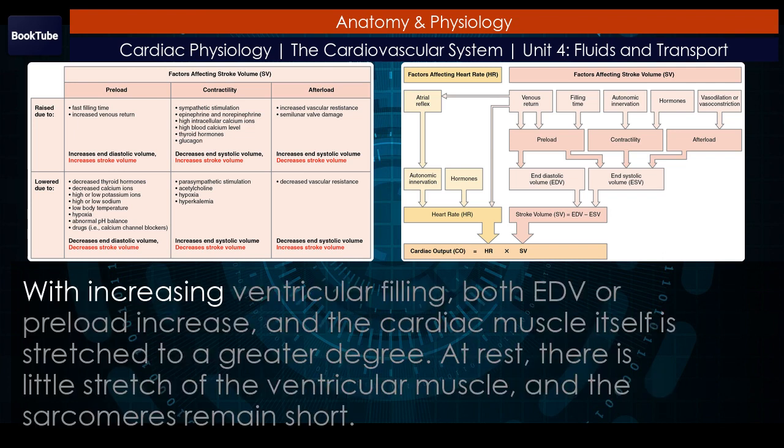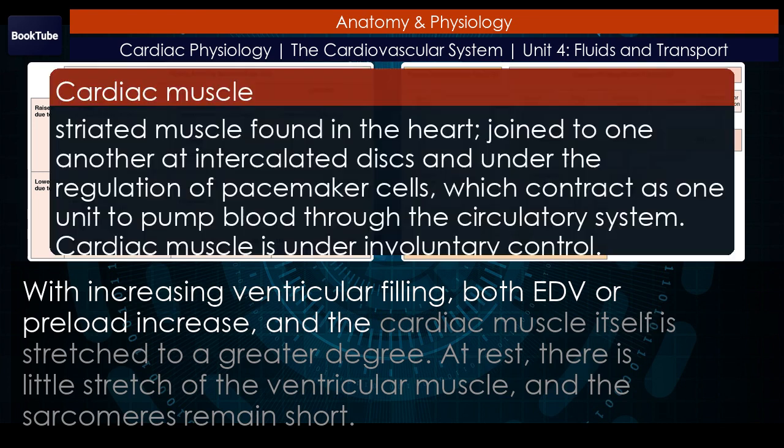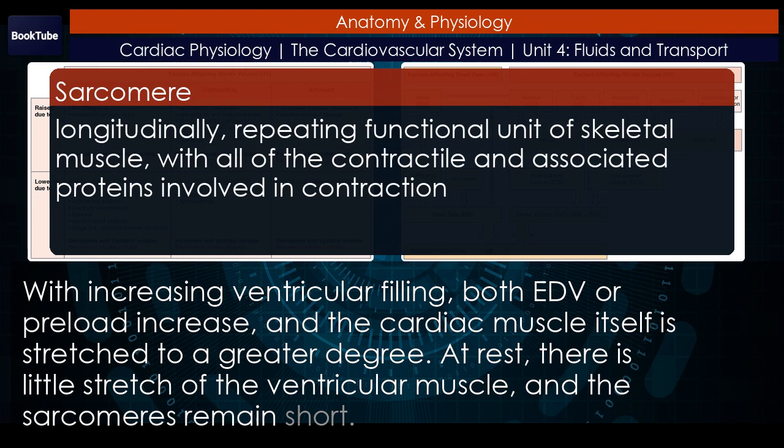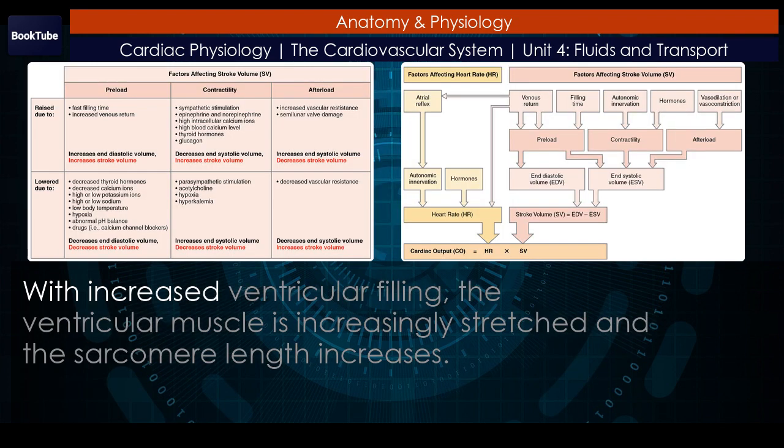With increasing ventricular filling, both EDV or preload increase, and the cardiac muscle itself is stretched to a greater degree. At rest, there is little stretch of the ventricular muscle, and the sarcomeres remain short. With increased ventricular filling, the ventricular muscle is increasingly stretched and the sarcomere length increases.